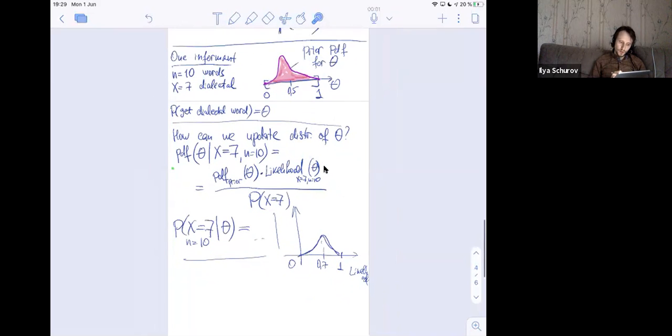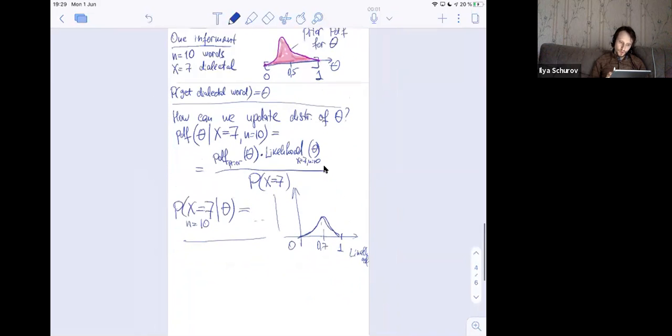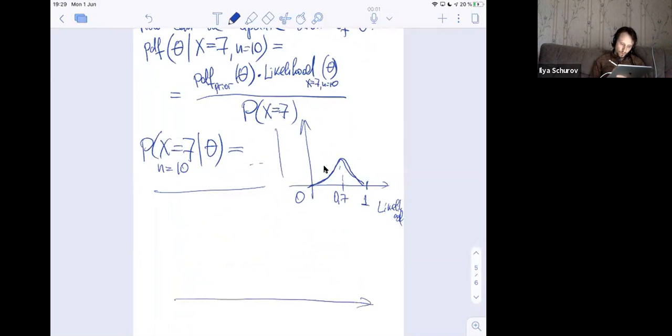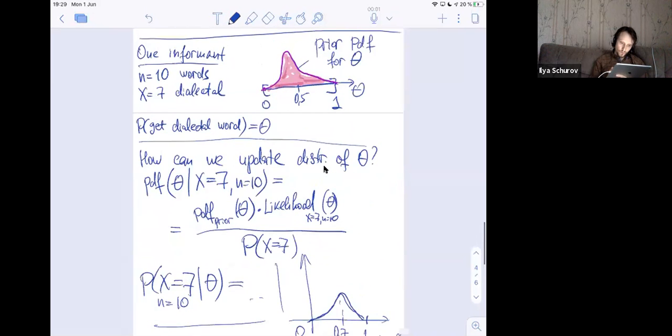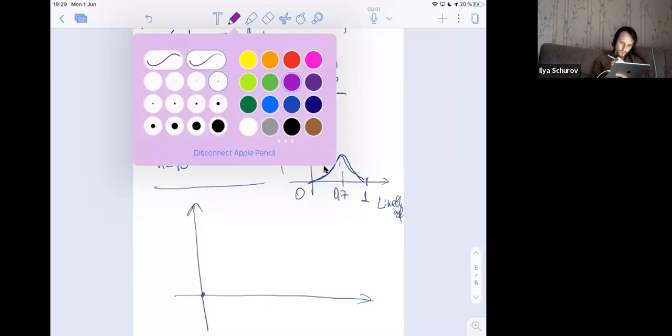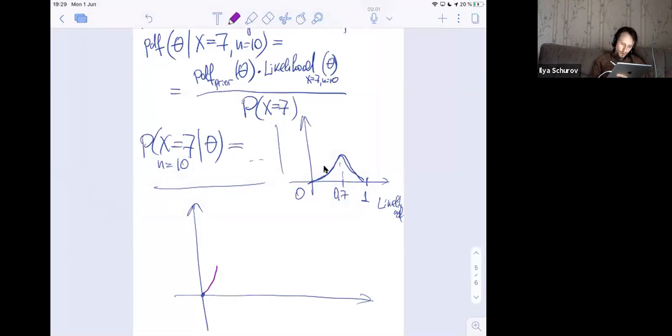So to find our posterior, we have to multiply this graph by this graph. So let me draw both graphs on the same axis. I have this graph. This is my prior. And I have another graph.